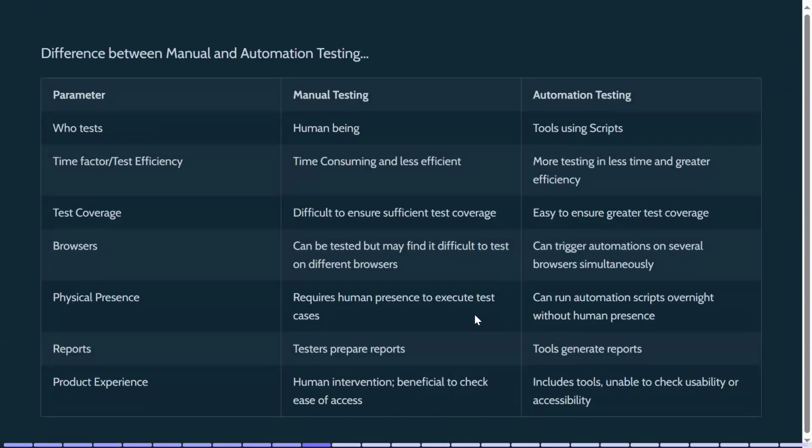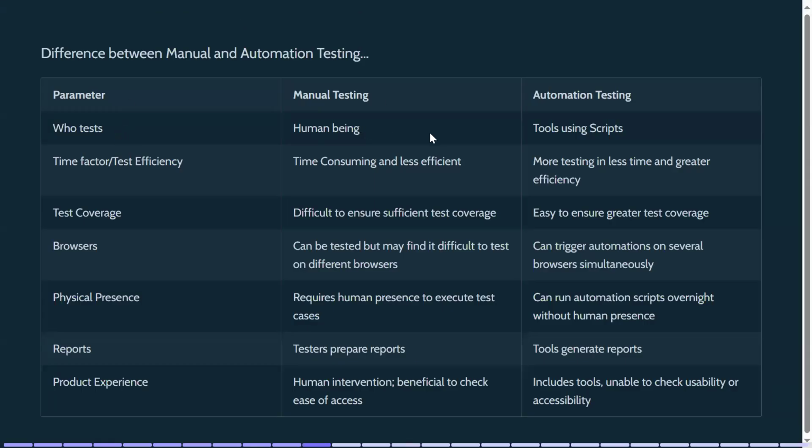Okay, what is the difference between manual and automation testing? Usually, who does manual testing? A human being. As a human being, you go through each and every flow and functionality, verifying whether it is working as per the requirement or not.